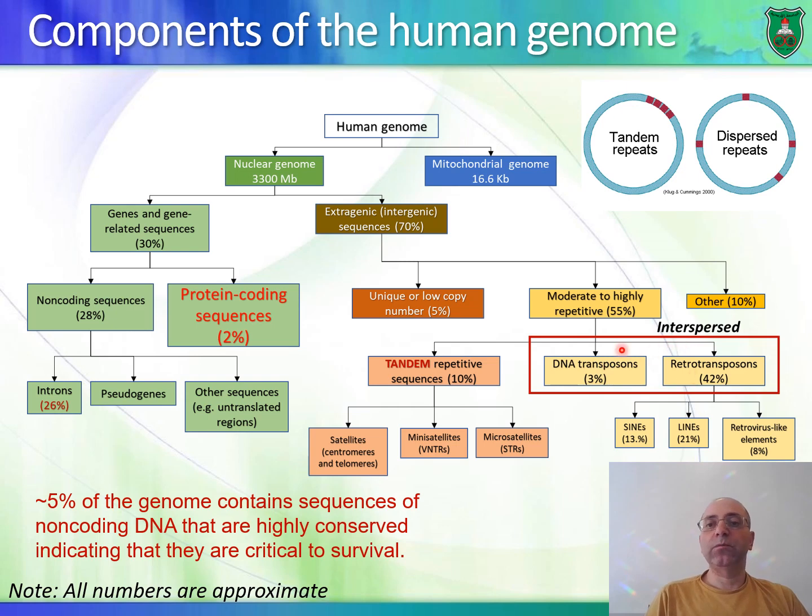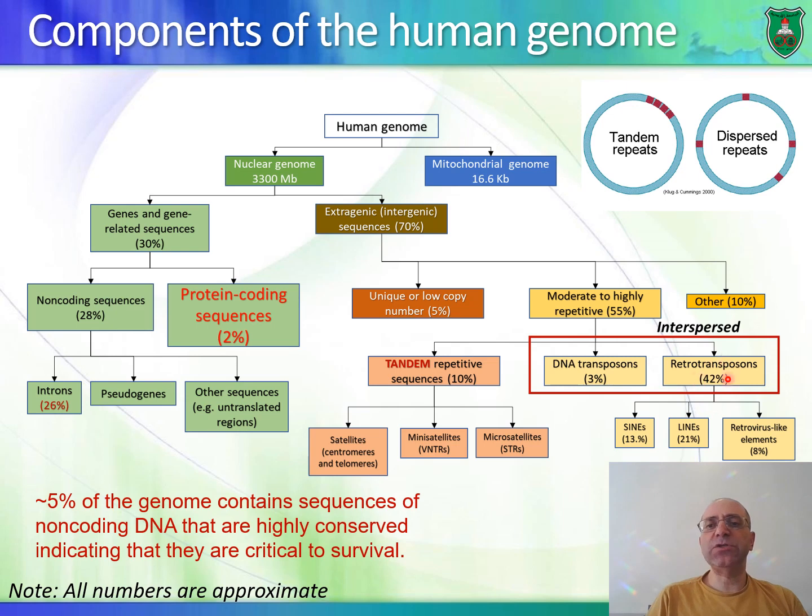There are two types. We have DNA transposons. Ooh, what do we mean by transposons? It means that these are movable DNA sequences. That is, they change locations. So 3% of the genome is transposons that originate from DNA. And we have retrotransposons.